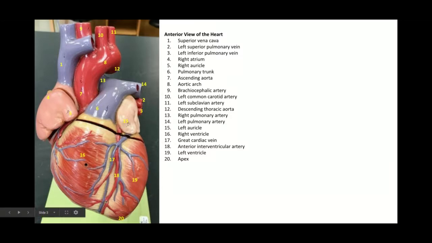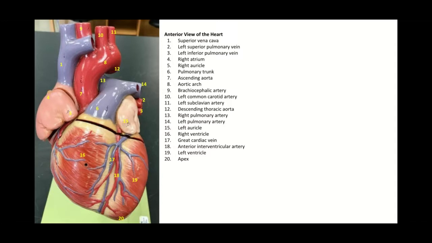It's the location of the blood vessels which can nourish the heart wall itself, which we call coronary arteries and coronary veins. As you see in this picture, we have number 18, which is the anterior interventricular artery, which is located in anterior interventricular groove.